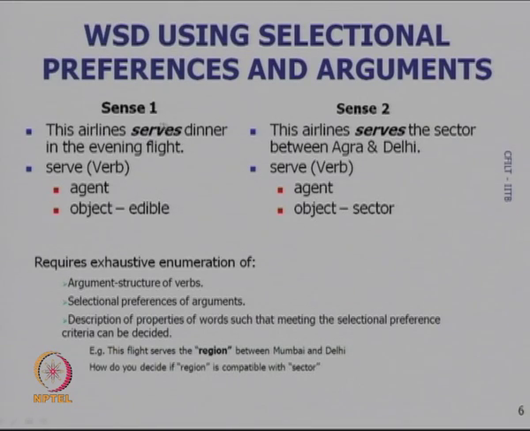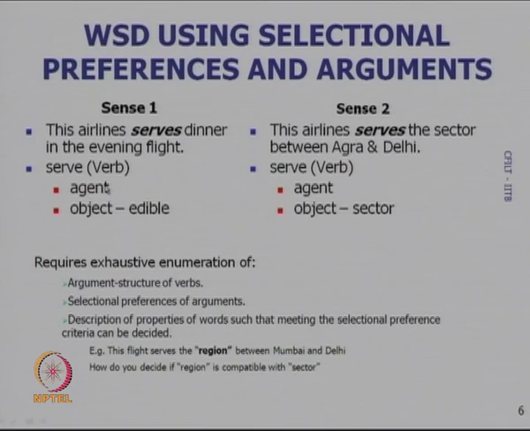Okay, so serves becomes देती है, whereas in this particular sentence, this airline serves the sector between Agra and Delhi, the translation will be यह एयरलाइंस आगरा और दिल्ली के बीच विमान सेवा चलाती है. Okay, so this will be चलाती है and this will be देती है. Okay, so clearly the two verbs have two different senses.